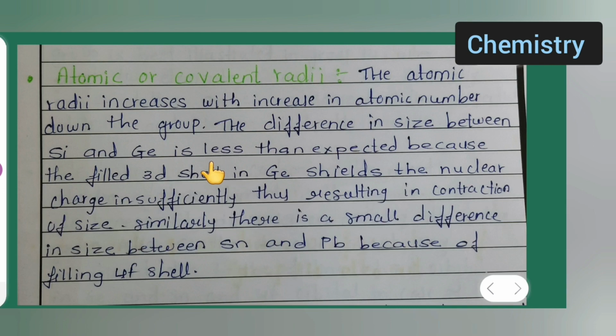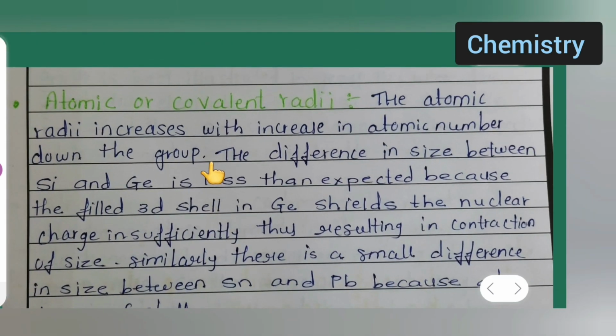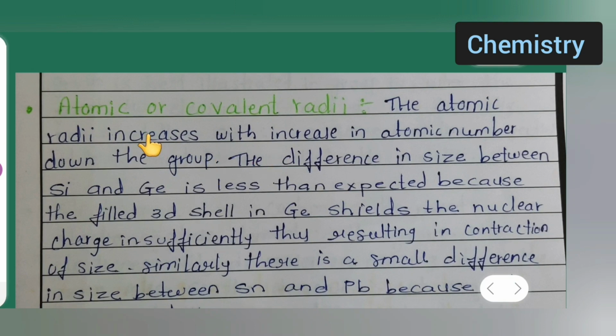Now moving towards the next part, that is the atomic or covalent radii. The atomic radii increases with increase in atomic number down the group.